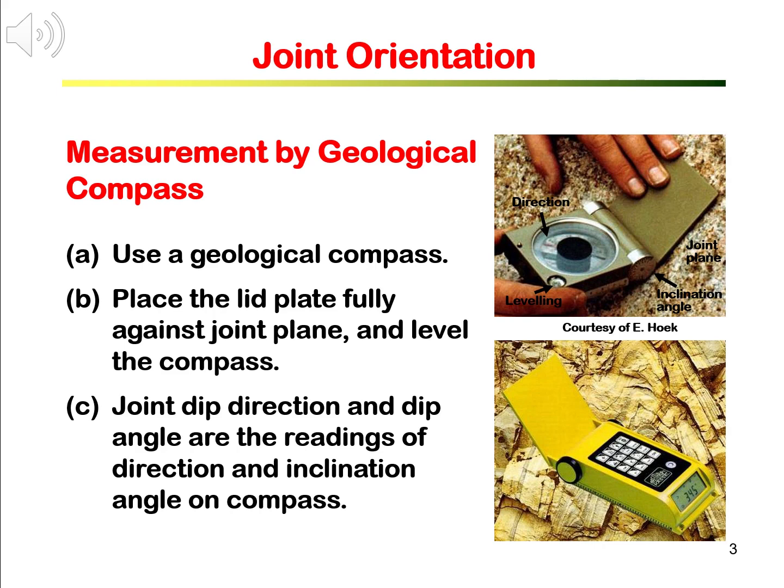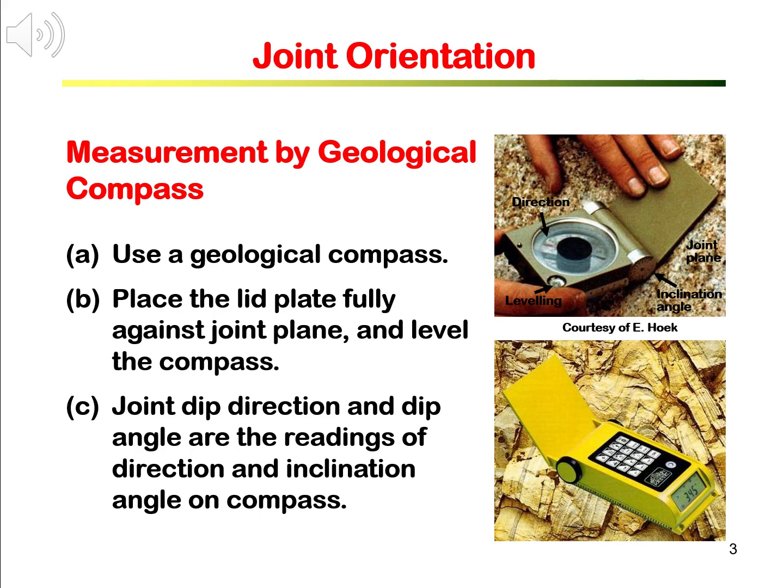When we want to measure the orientation of a plane of the joint, say exposed at a rock face, we simply place the lid plate fully against the joint plane. In this way, the lid plane has the same orientation as the joint plane.